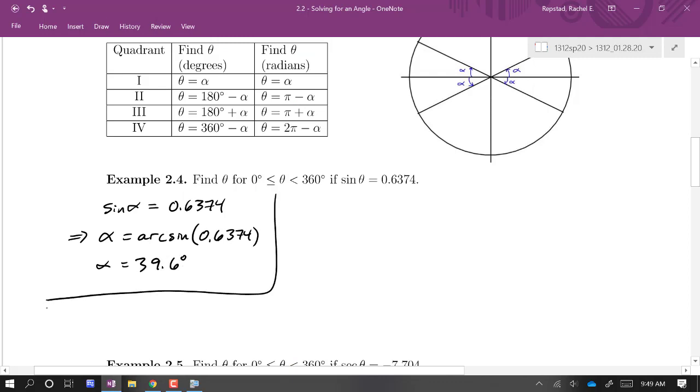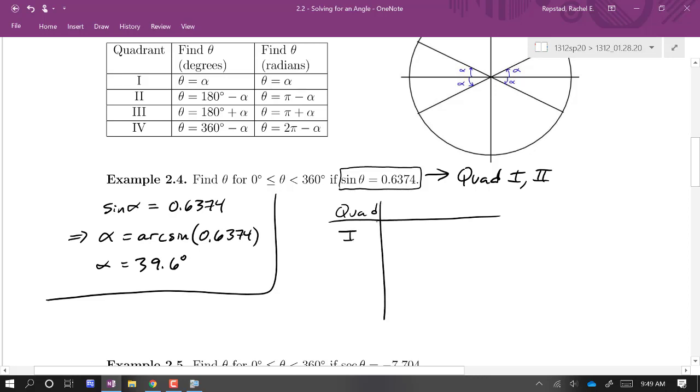Now I'm going to find the angles I want. If sine theta is a positive 0.6374, and it is, all I'm doing is looking to see whether the value of sine they gave me is positive or negative. In what quadrants is sine positive? 1 and 2. So let's find the angles we want.